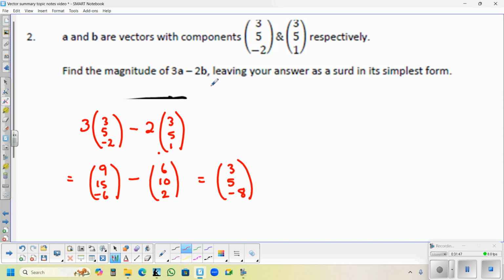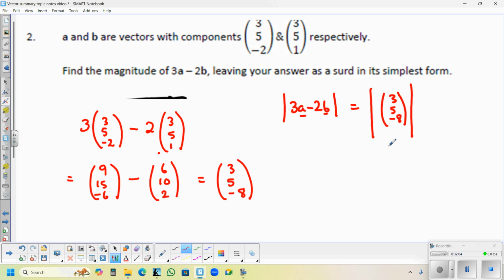Now I want the magnitude of that vector. So I want the magnitude of this thing here. So it's basically the magnitude of the 3a minus 2b vector. And that means it's the magnitude of, and I'll just write the components inside there so we know what we're doing.